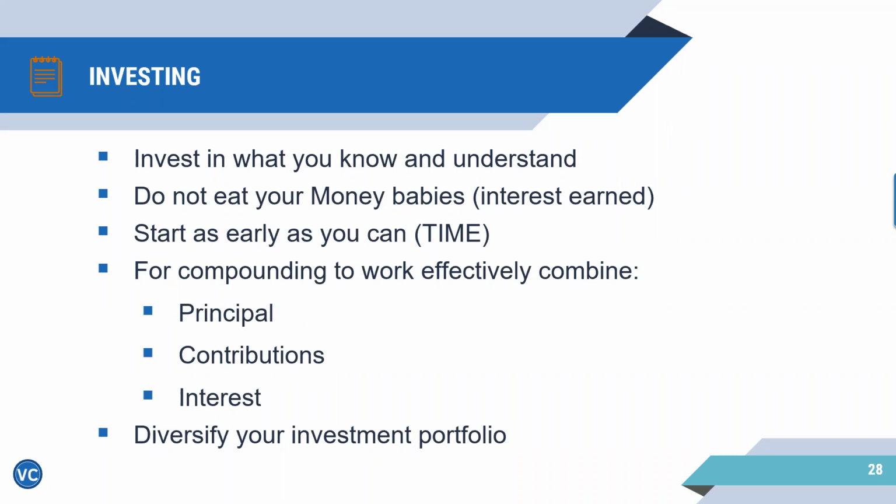Know them such that, and I always say this, you can explain it to your grandmother, your grandparents, and they will acknowledge that yes, they understand government bonds. Secondly, you do not eat your money babies. This is the interest that you earn. So this is either your dividends or your coupons; all of those need to be reinvested so that compound interest can work effectively. Key thing there, again, start early, and diversify your investment portfolio.